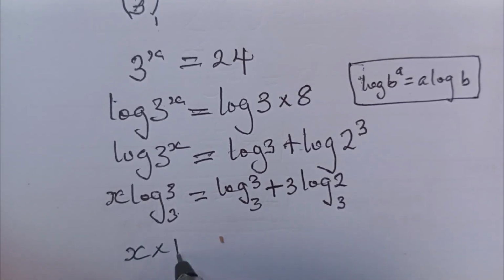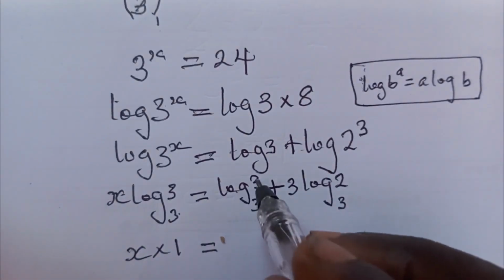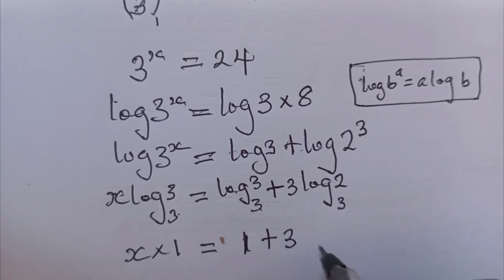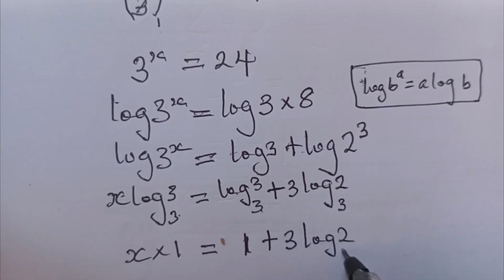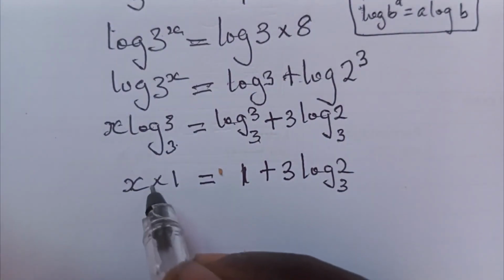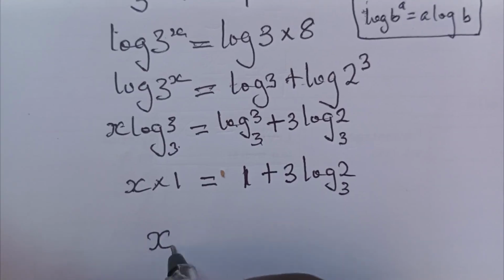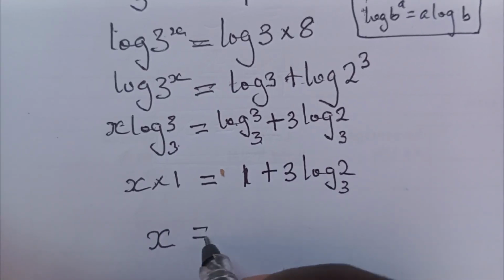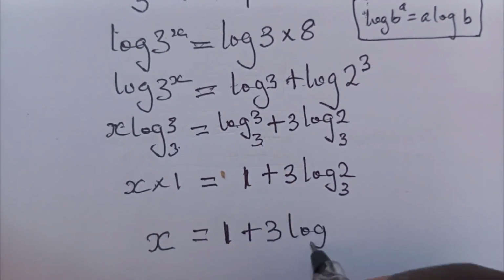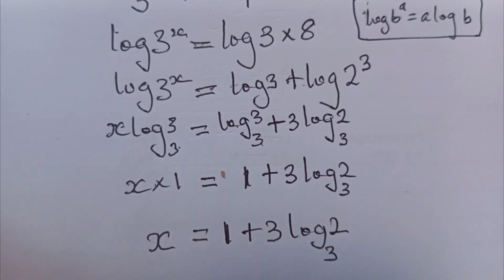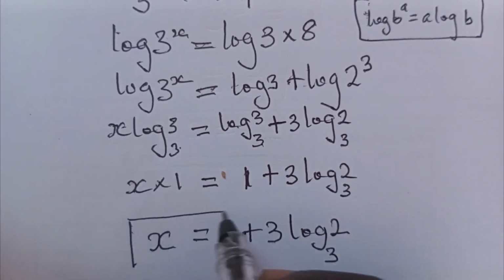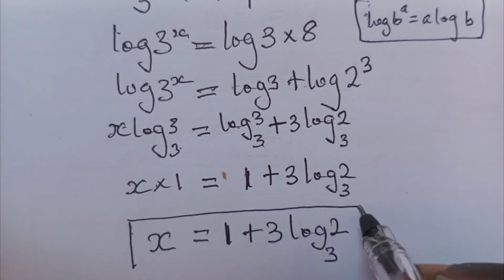So x times 1 equals 1 plus 3 log 2 base 3. So what do we do here now? x times 1 gives us x, which equals 1 plus 3 log 2 base 3. That's the final answer.